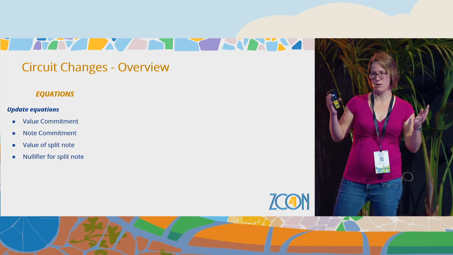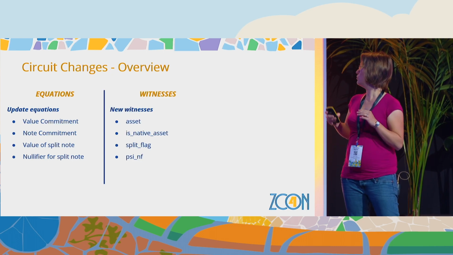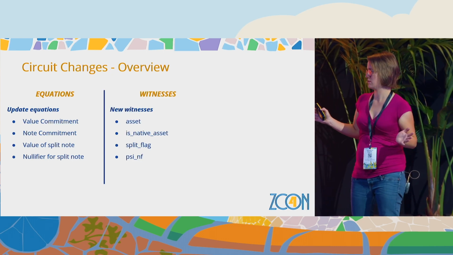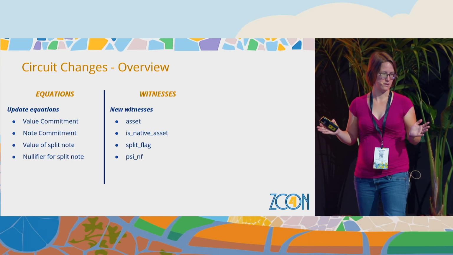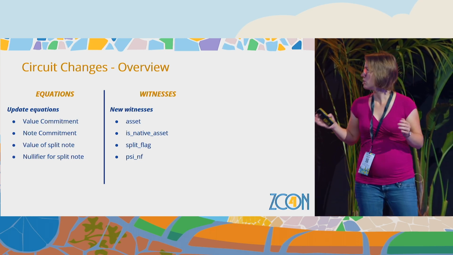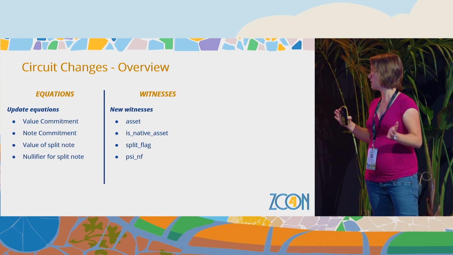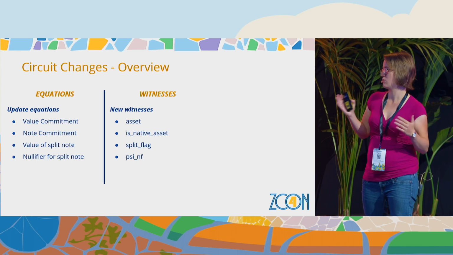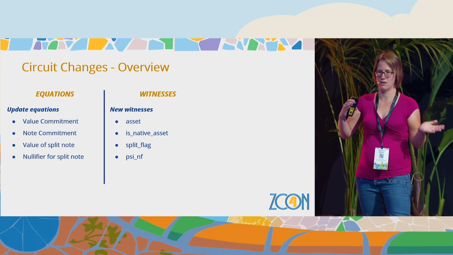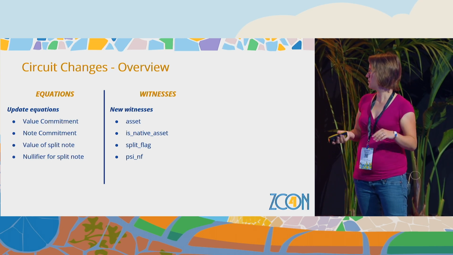To be able to evaluate those new equations, we need some new private inputs, witnesses. We need the asset to evaluate the value and note commitment. We need a Boolean variable called isNativeAsset, which is equal to 1 if the asset is equal to the native asset, so if it is a ZEC asset, and 0 otherwise for a ZSA asset.